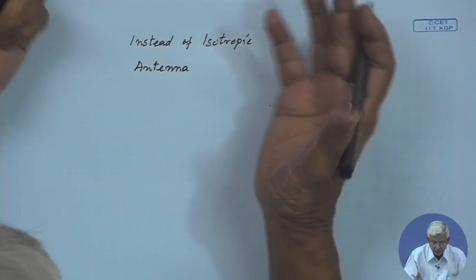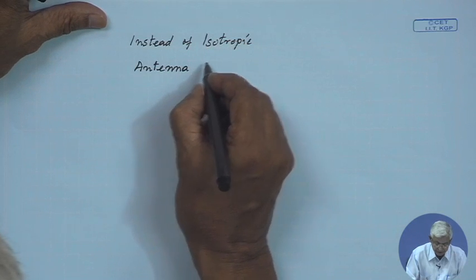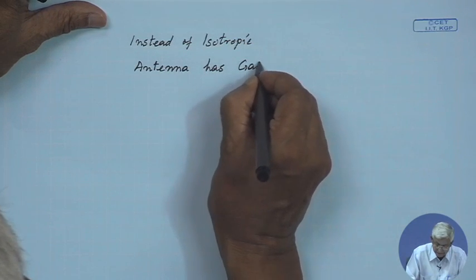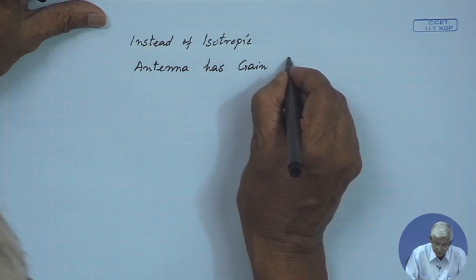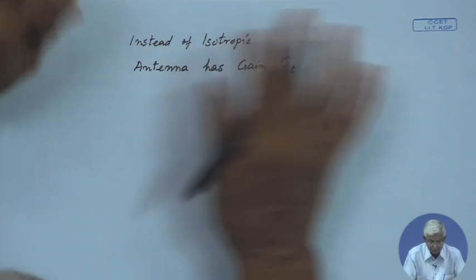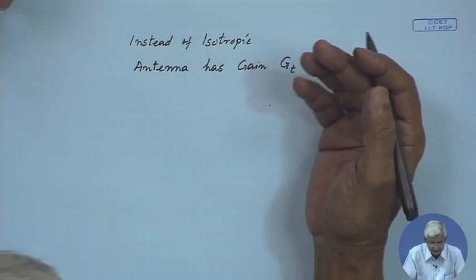Instead of radiating in all directions uniformly, the transmit antenna has gain, let us call it GT. We have talked about the gain of the antenna, how it is defined, that is, of the input power which is coming, how much is focused in the theta phi direction. G goes in the theta phi direction, and with R the power will be reducing.